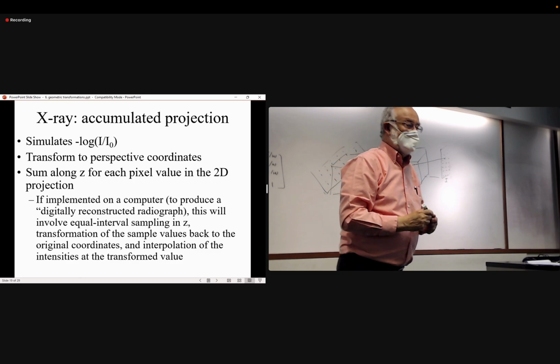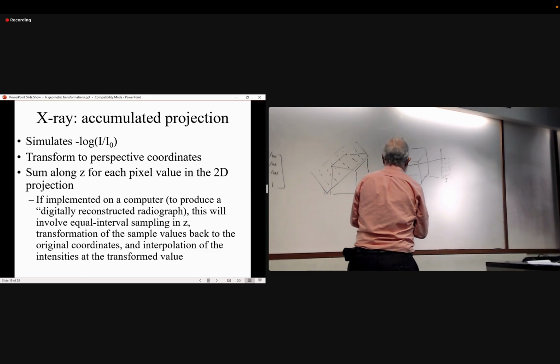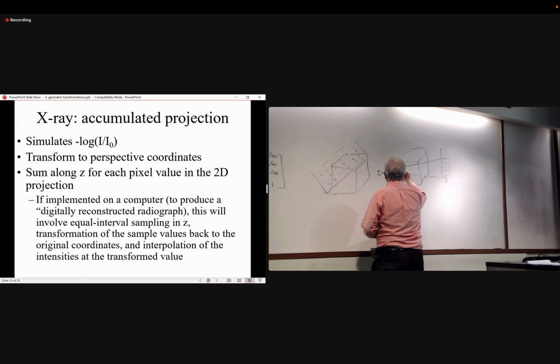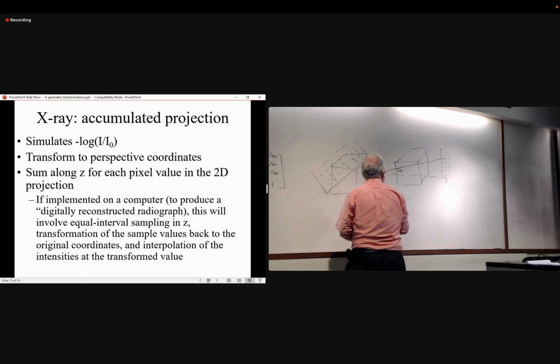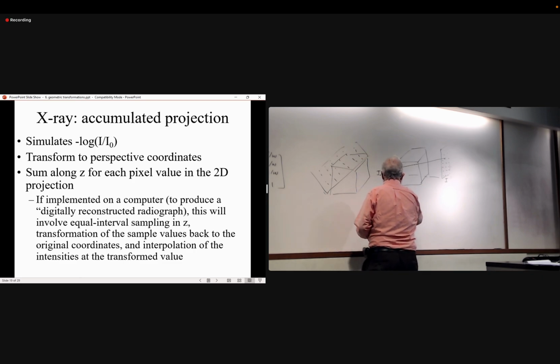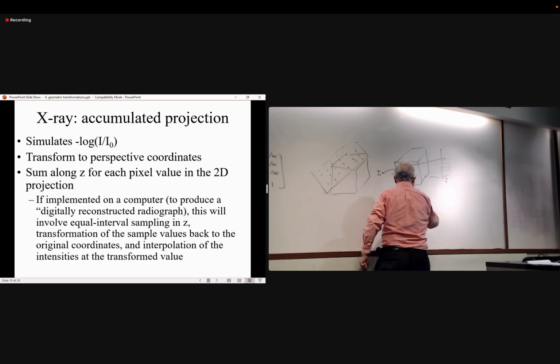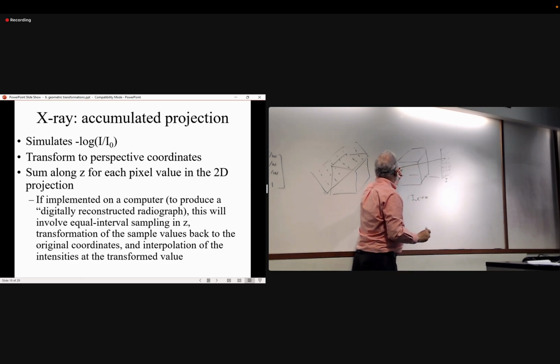That is to say, if you have a value mu at this x, and the input is I0, the output from that little thing is I0 times e to the minus mu delta x, where delta x is the little short length between these positions.